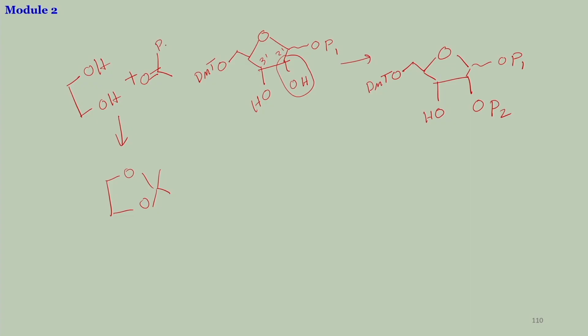This can be R1, can be R2, it can be aldehyde, it can be ketone. So this is called acetal or ketal. The same thing can be applied here.